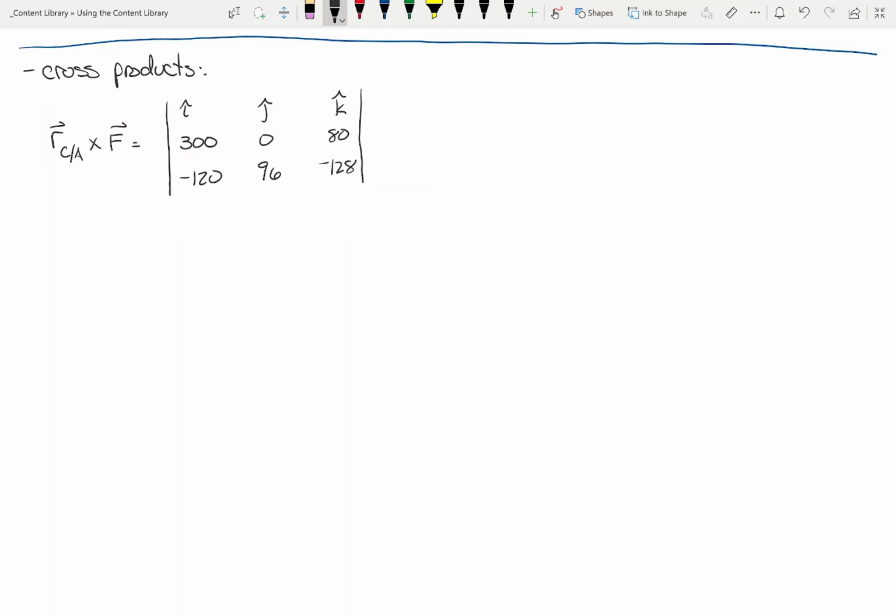Now, like I said, I'm going to use cofactor expansion. I kind of like that one better than the rule of Sarrus. That's just me.